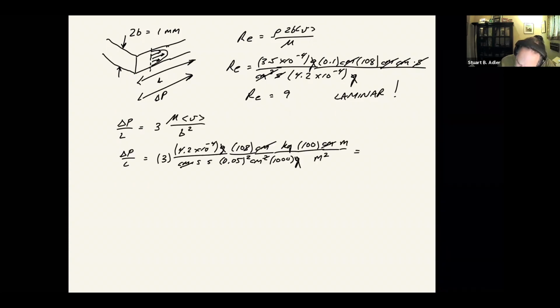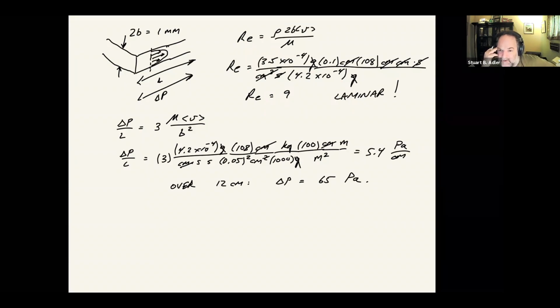So if we multiply this all out, this is going to be 5 pascals per centimeter. So over 12 centimeters, delta P is going to be about 65 pascals.